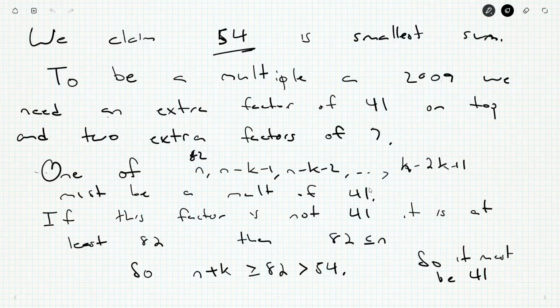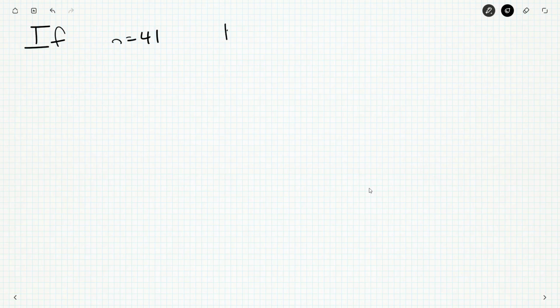And here's where I'm going to have to do cases. I don't think n can be 41, but I should probably explain that. Alright, if n is 41, then n minus k minus 1, n minus k minus 2, all the way down to n minus 2k plus 1 are less than 49.